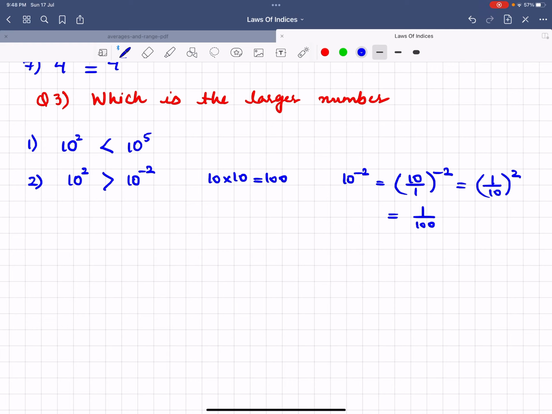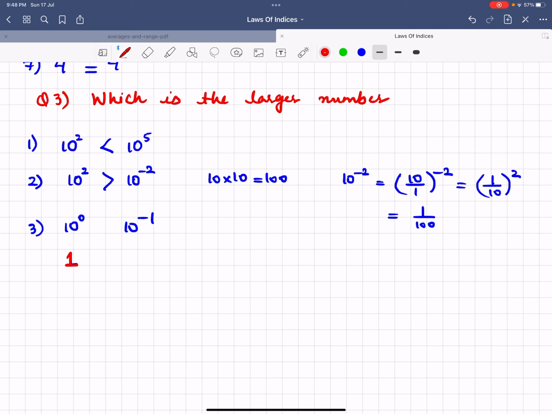Moving on, we have the third question of this category, 10 to the power of 0 or 10 to the power of negative 1. Now we know that 10 to the power of 0 gives us the value 1. So let's write the value here. 10 to the power of 0 is 1.